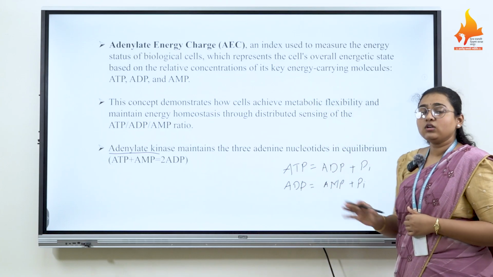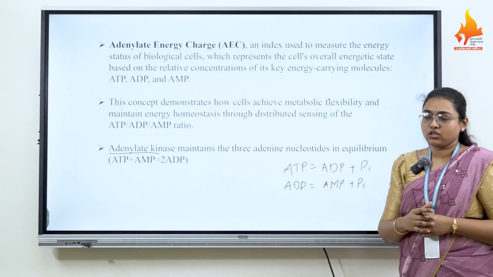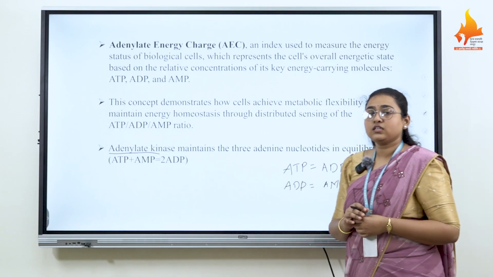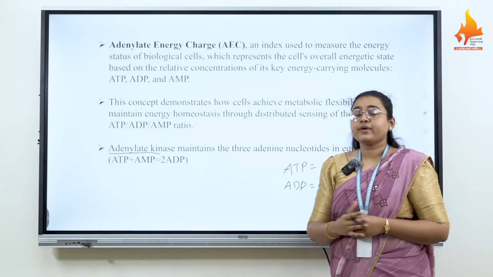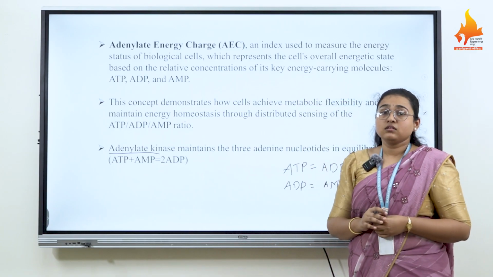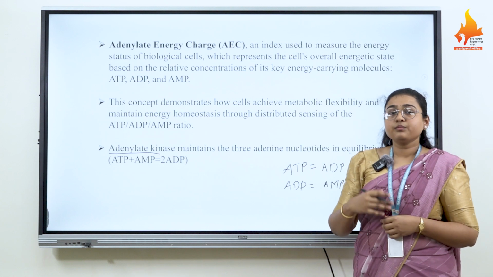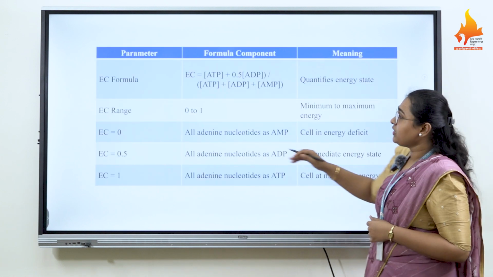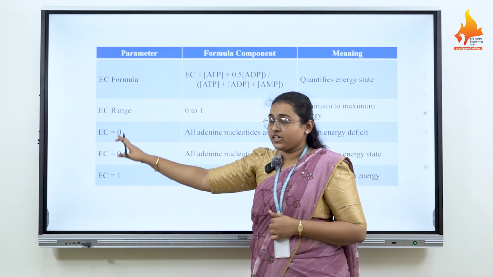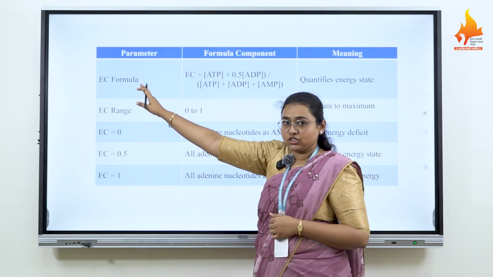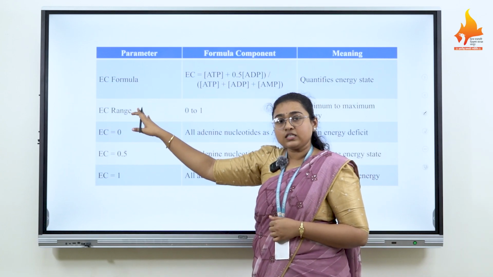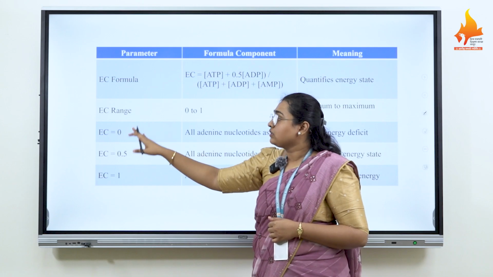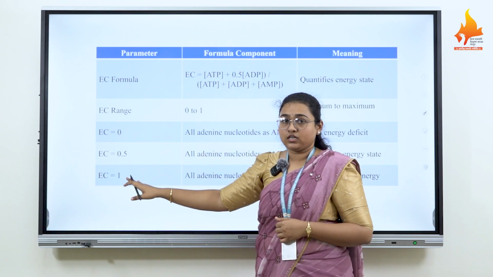For the regulation and calculation of the energy charge, there are some parameters. The scientist Daniel Atkinson gave some parameters in his energy charge theory. The parameters are the energy charge formula, or you can call it the energy charge equation, then the energy charge range, then the values of the energy charge.